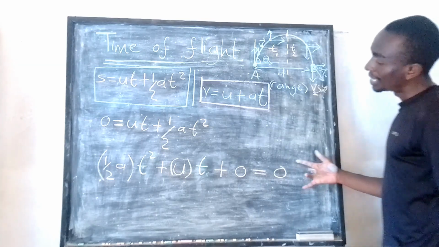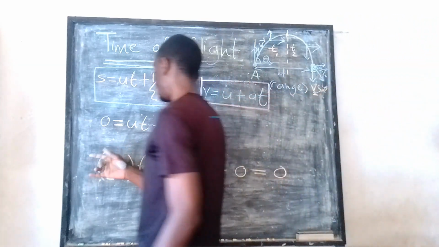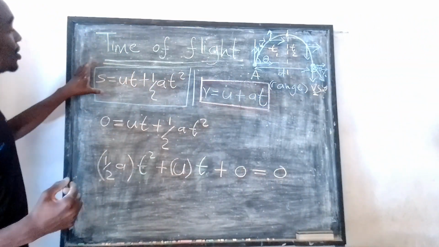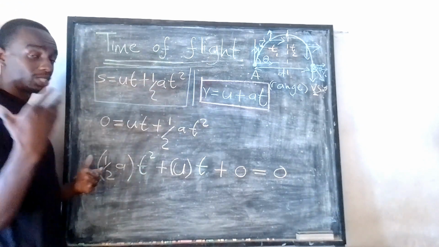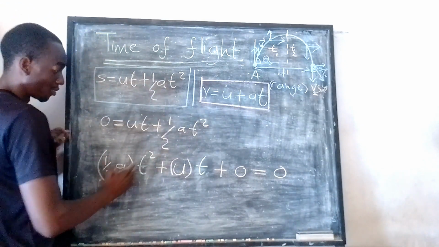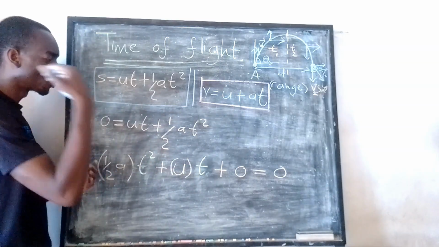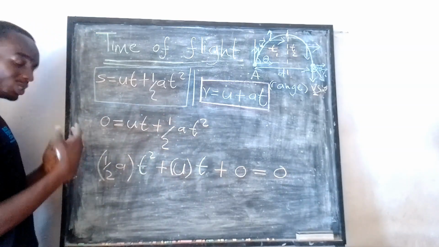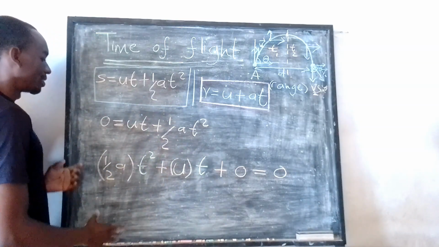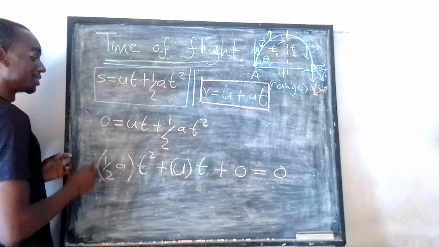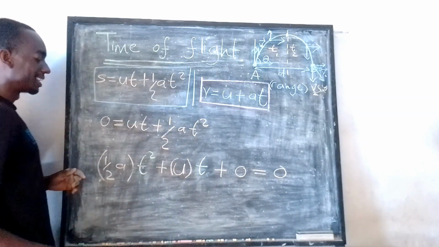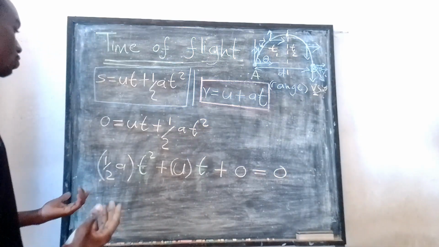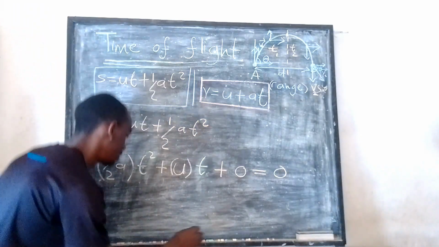So the way you get the value of t in this scenario, where you decide to use this funny looking formula, you end up with a situation where you have to solve for t using the quadratic formula. Most likely using the quadratic formula. I can most likely guarantee you that most of the time, these values won't be so friendly. So you are going to be forced to use the quadratic formula.